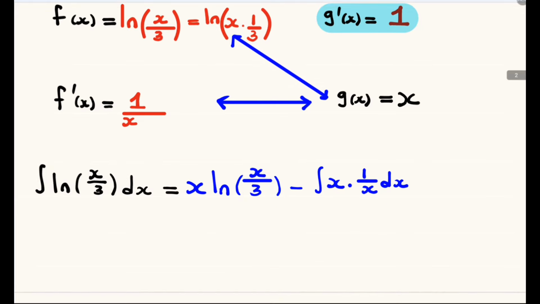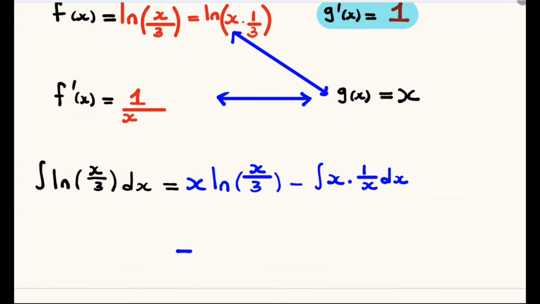dx, and this will be equal to x multiplied by the ln of x divided by 3 minus the integral of x divided by x.